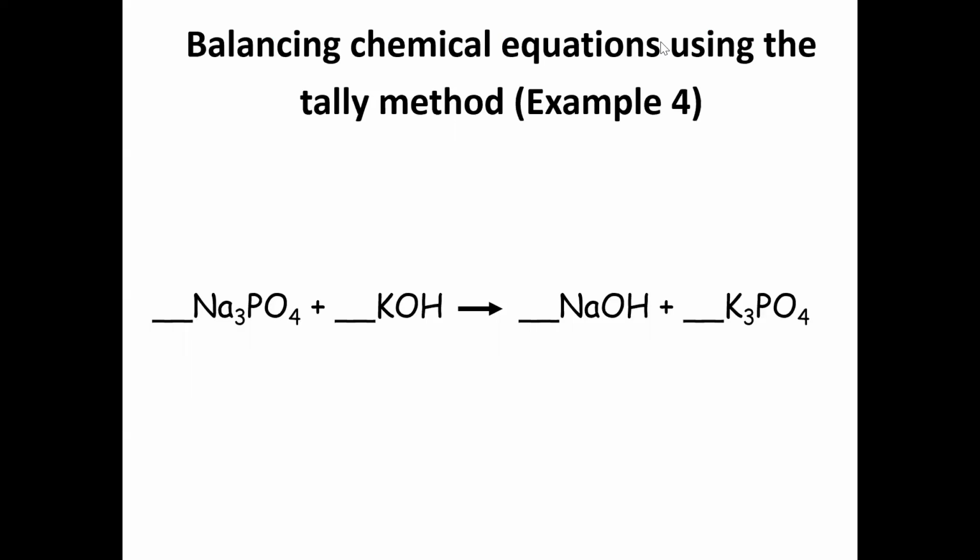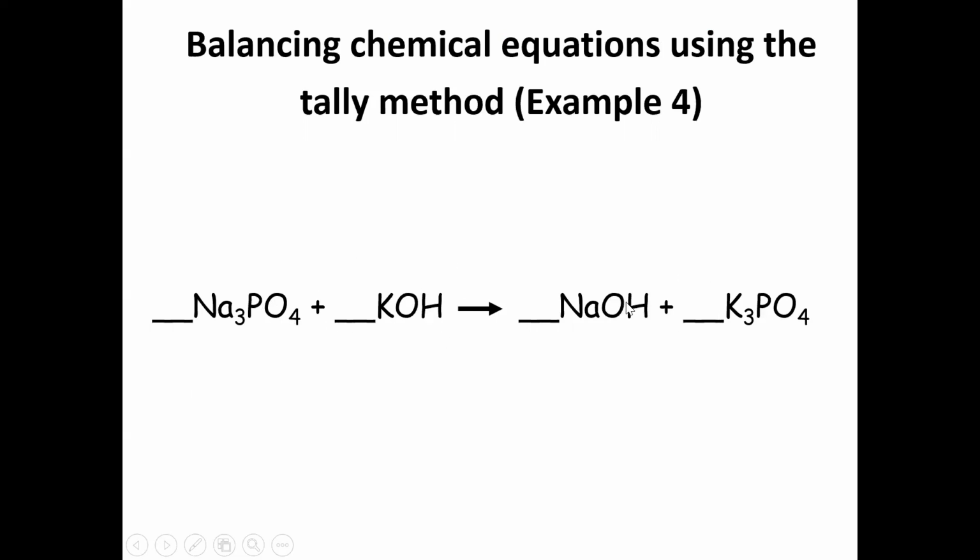You can see that oxygen appears in more than one formula on the same side of the equation, actually on both sides. So you can see here, you've got sodium phosphate, which has got oxygen in. You can see you've got potassium hydroxide, which has got oxygen in. So again, you've got oxygen in 2 different compounds on the same side.